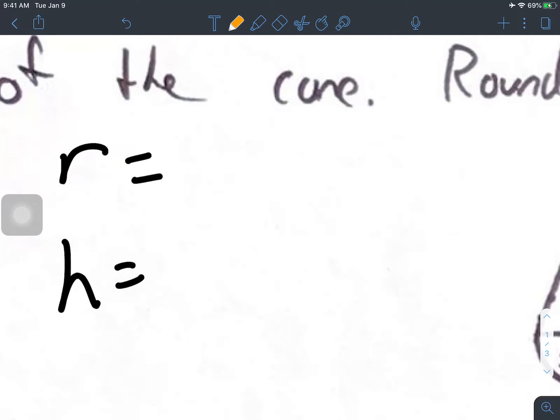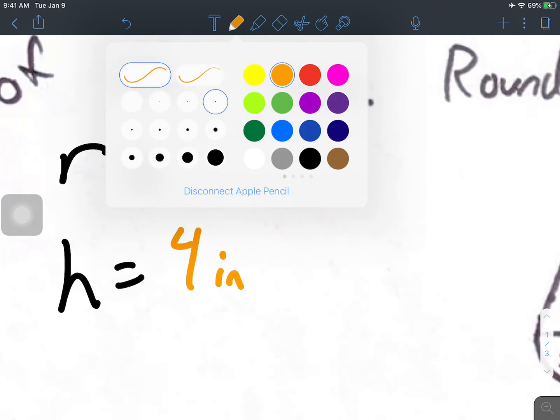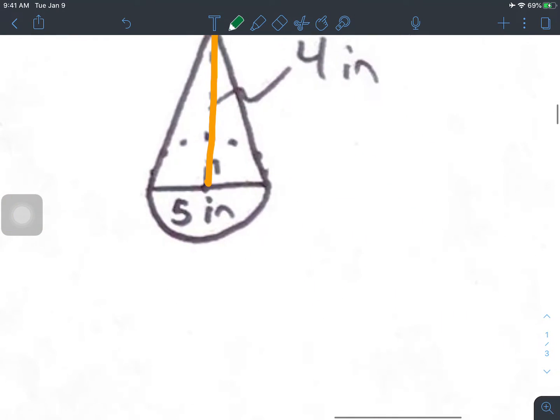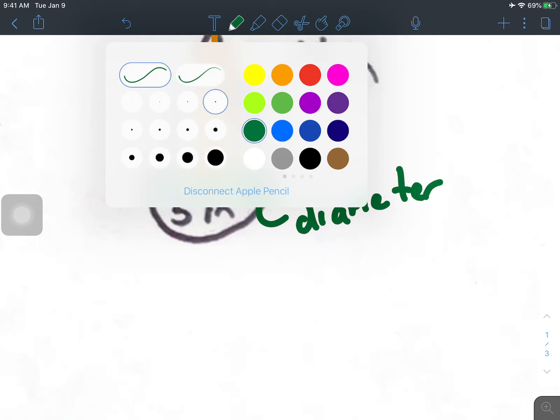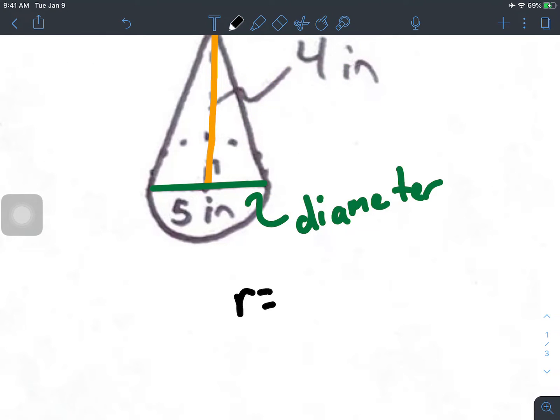We want that on the height. The other one we're looking for is the radius. Now, the only problem is we have the dimension that goes all the way across. And we don't want that, because this dimension is the diameter. Now, if you recall from last year as well, the radius is 1/2 the diameter.